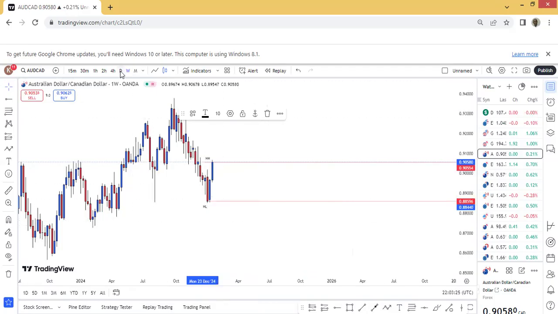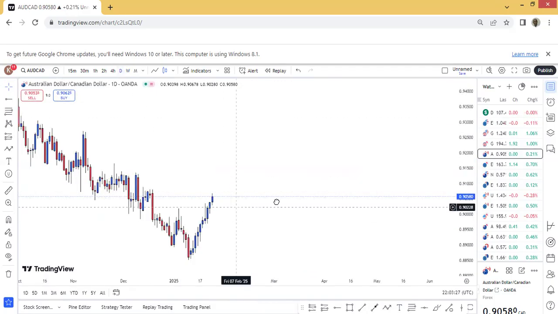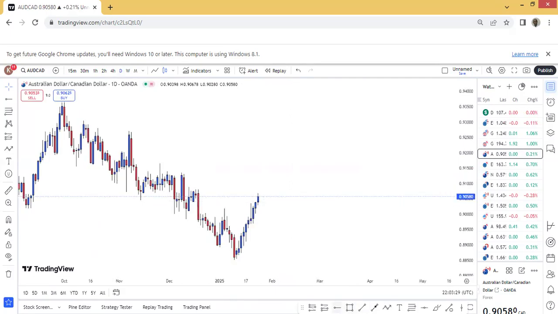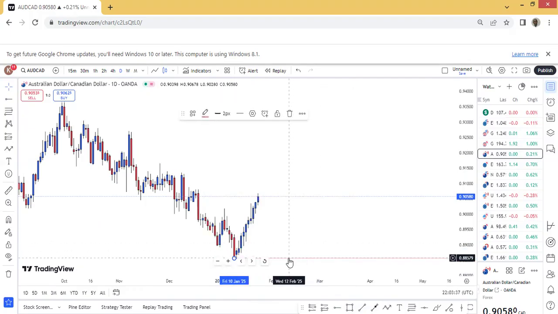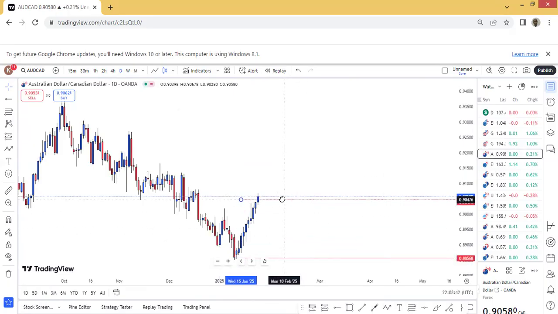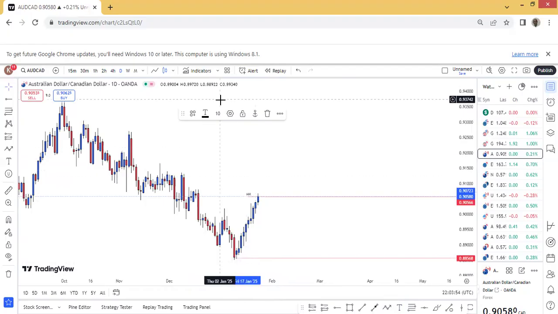Okay. We come to the daily. We are very bullish on the daily. You can see. So we have a higher high.